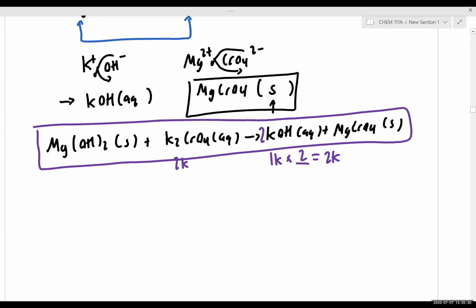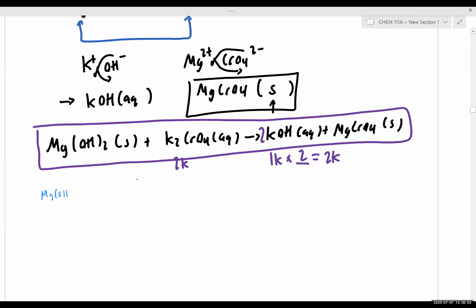It's something a little bit different. So let's take about 2 to 3 minutes and propose the net ionic and total ionic equation for this reaction. And then we'll discuss what's so interesting about this reaction.